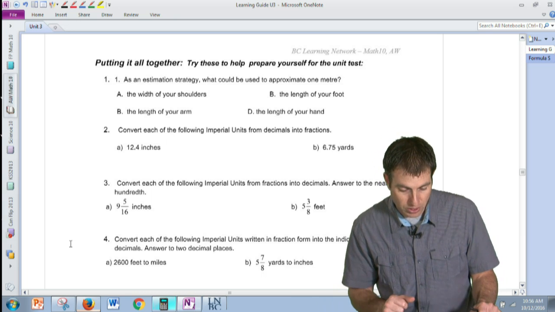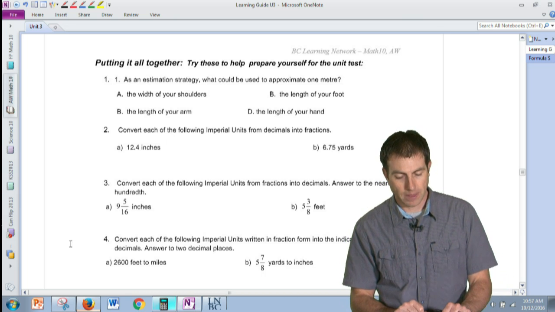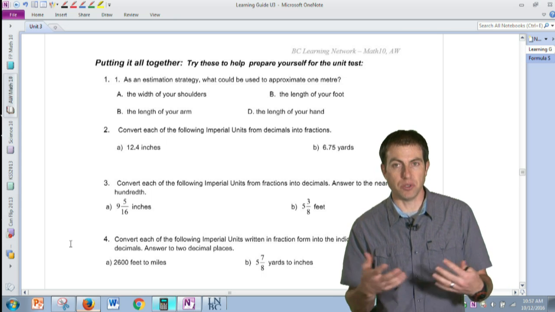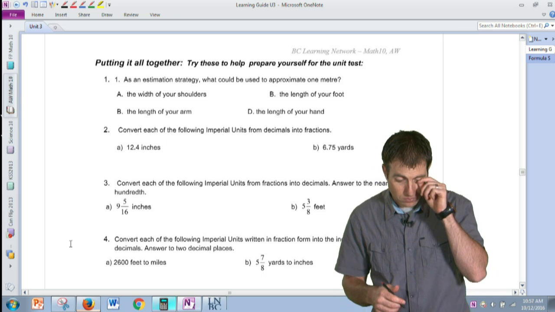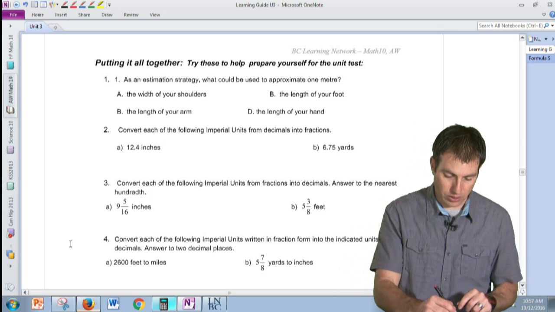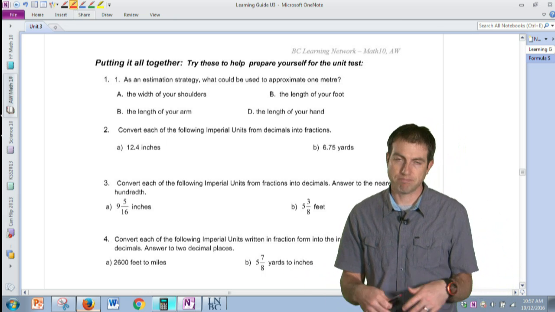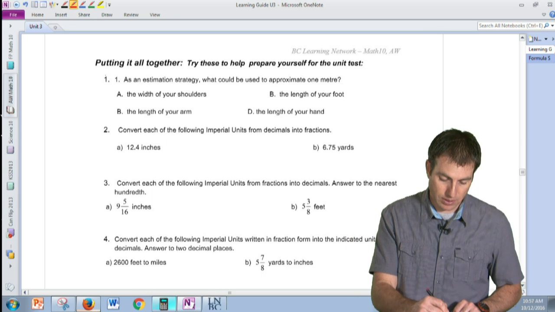So putting it all together, this is kind of like a summary of everything we've done in this unit. And this is kind of the work you're going to do that I'm going to mark before you write the test. So I'll just circle the ones I'd like you guys to do, and I'll cross off the ones that you don't need to do. If you do them all, perfect. If you do the ones I ask for, that's good too.